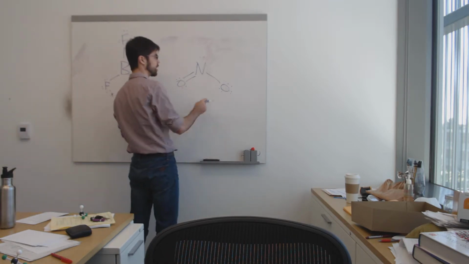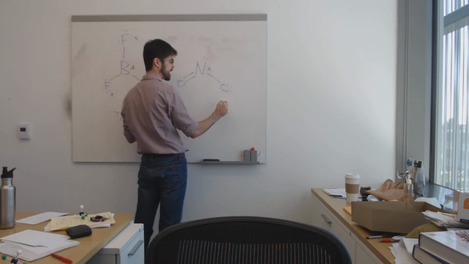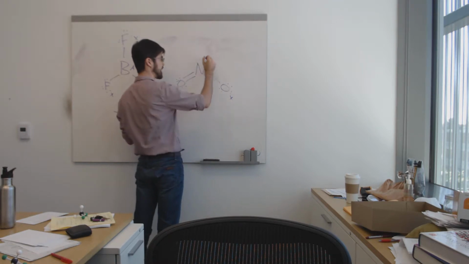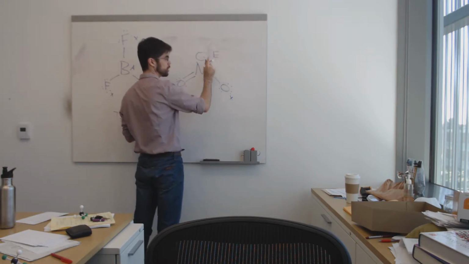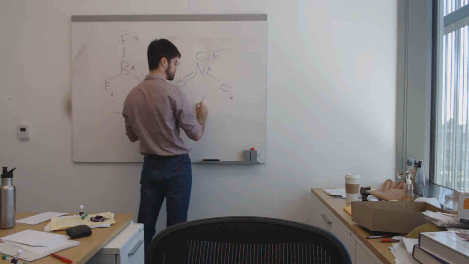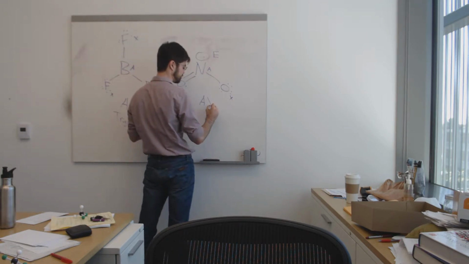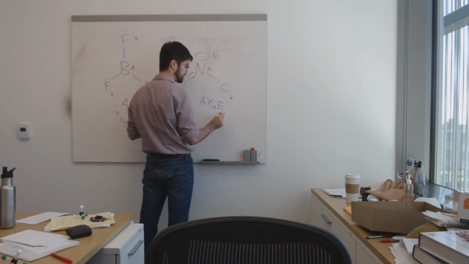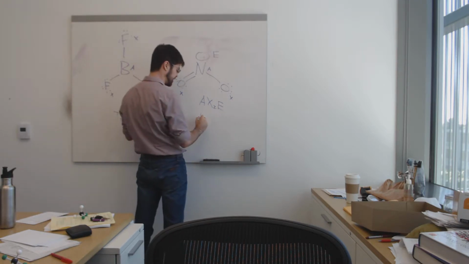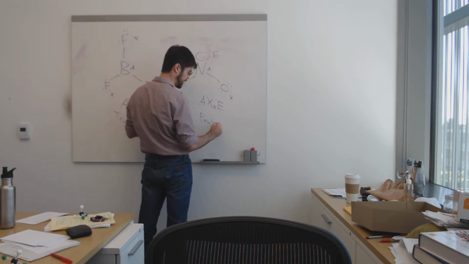This one, around the central atom, I have two other atoms, and I have a lone pair of electrons. So its VSEPR formula is going to be AX2E, which would classify it as bent or angular.